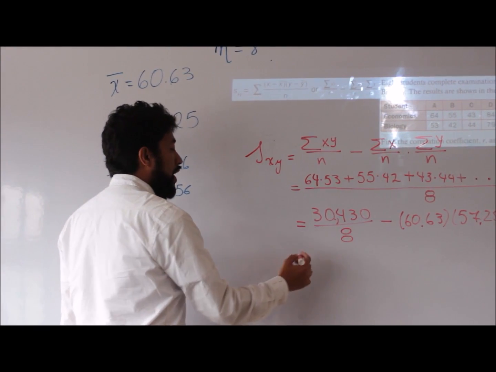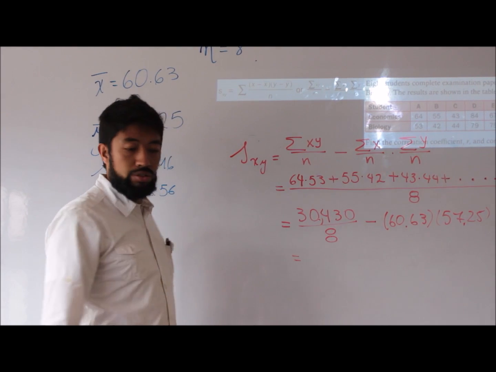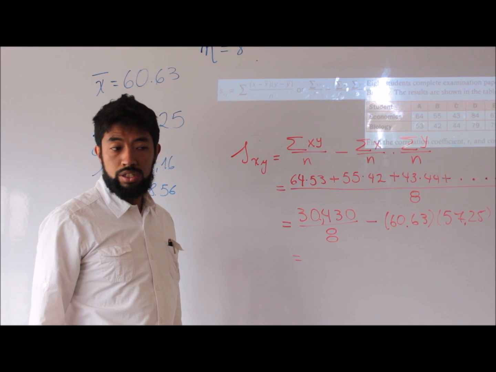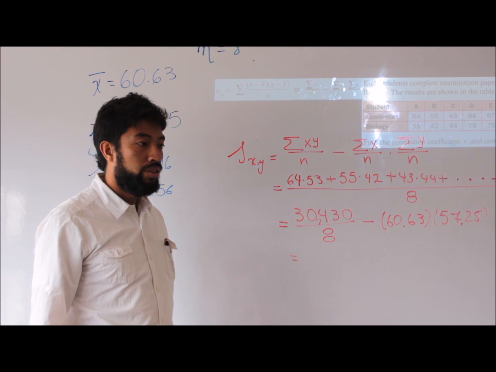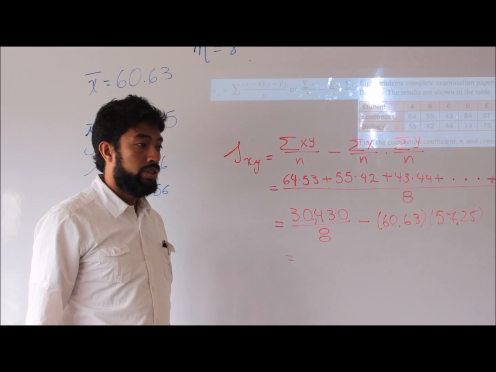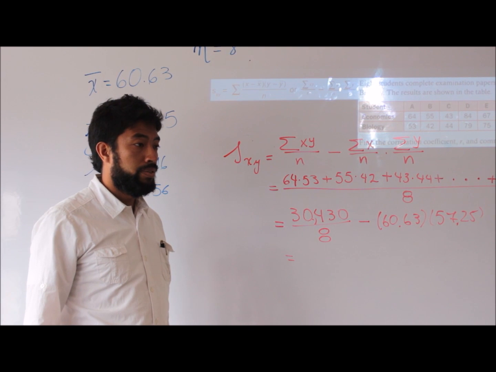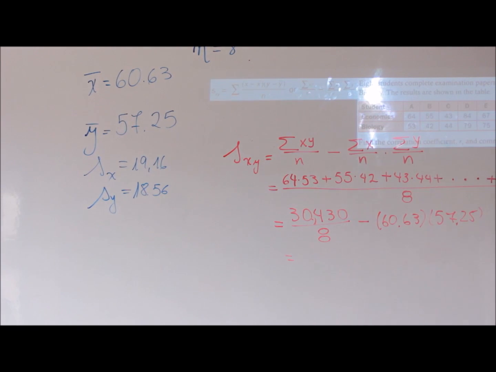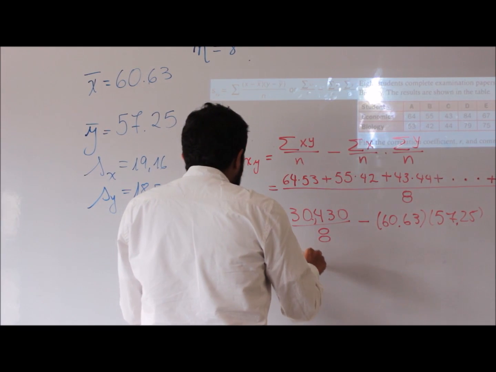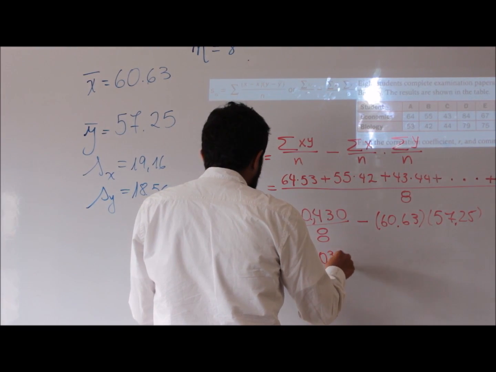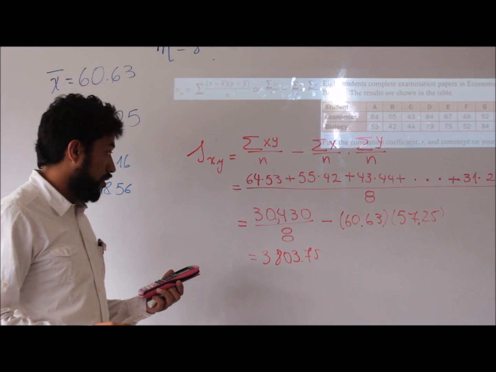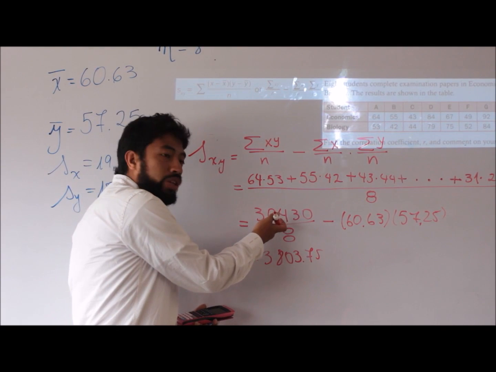Now, this divided by 8. 3,803.75. This is 30,000.